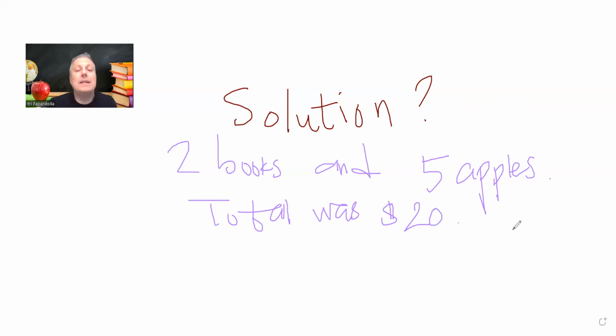So we spent $20 while buying 2 books and 5 apples. Now we need to find the solution. We need to find out how much maybe the books cost or the apples cost.